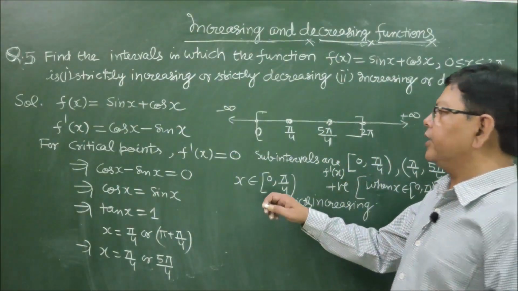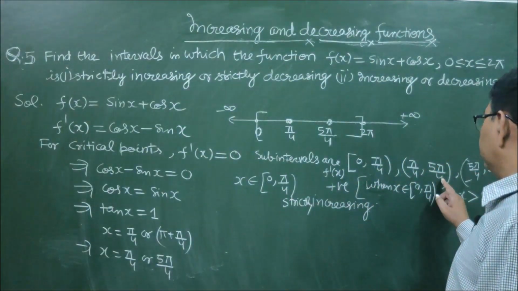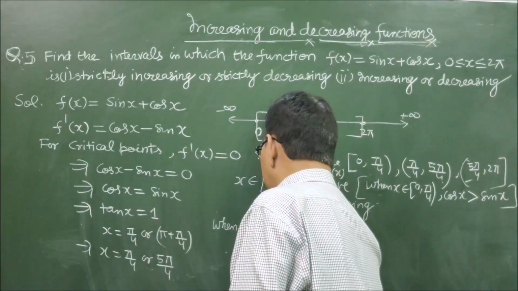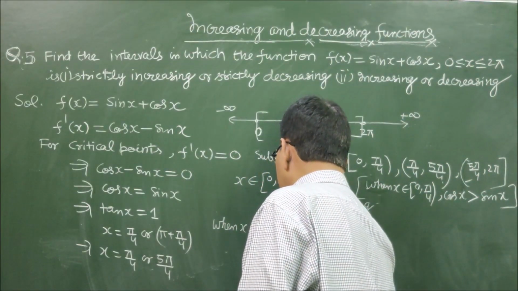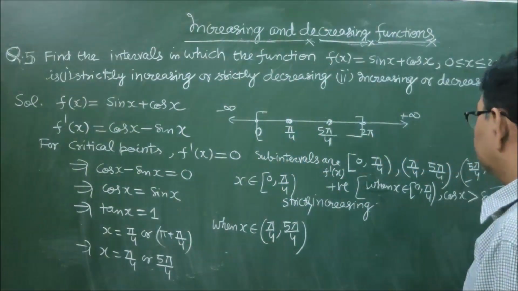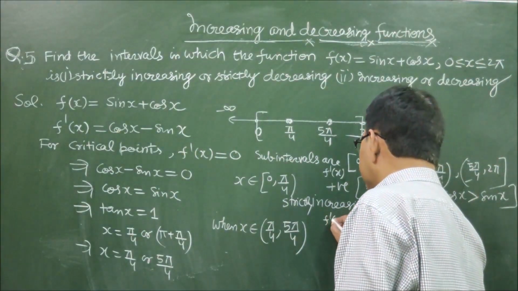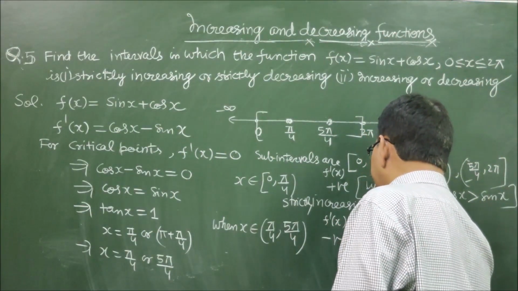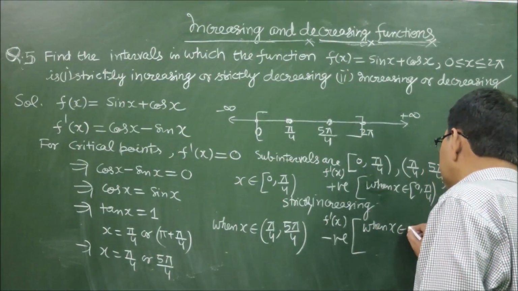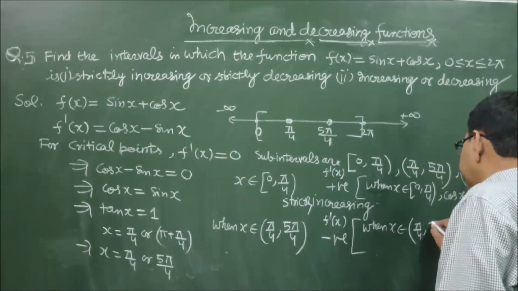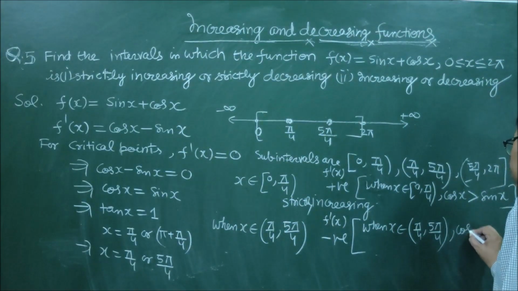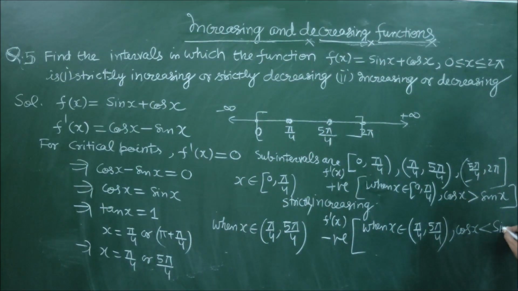Now the second subinterval is π/4 to 5π/4. So when x belongs to π/4 to 5π/4, the value of f'(x) is negative, the reason being in this interval the value of cos x is less than sin x.